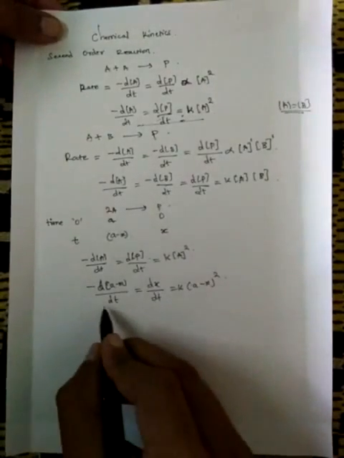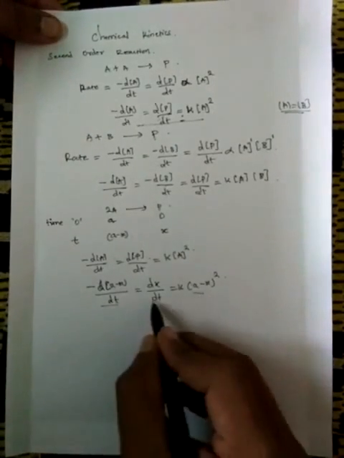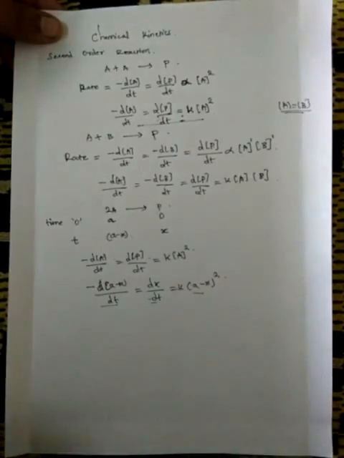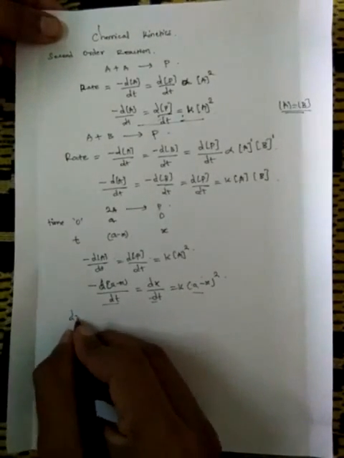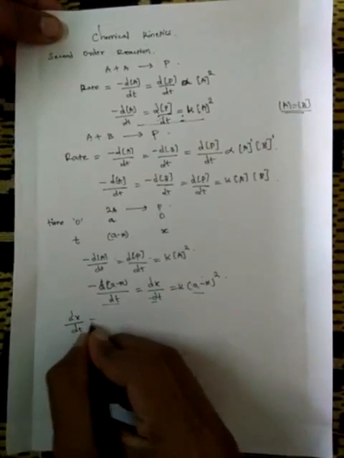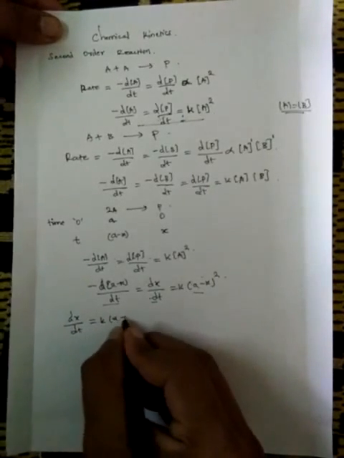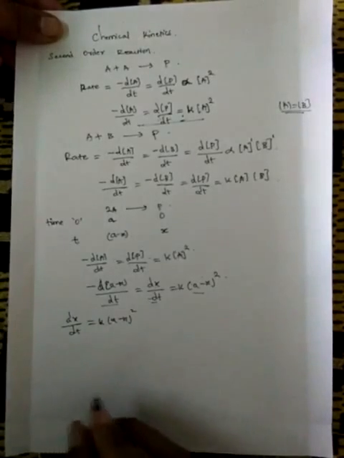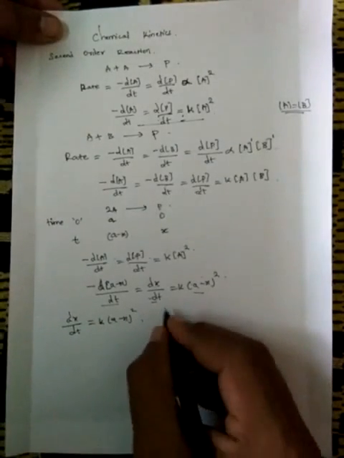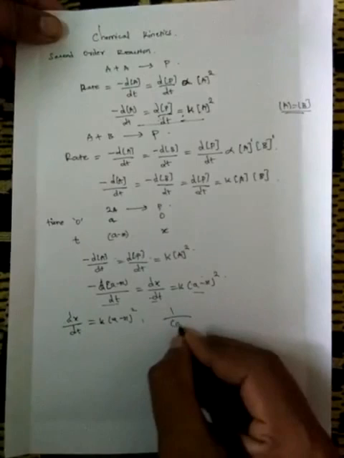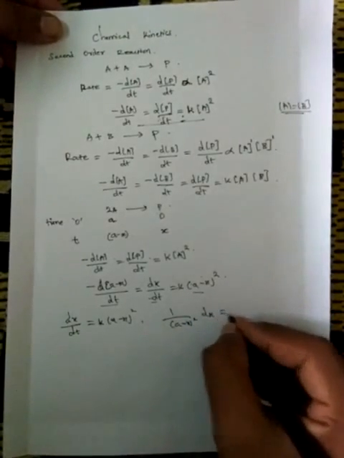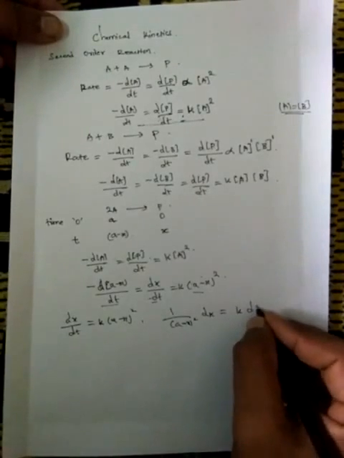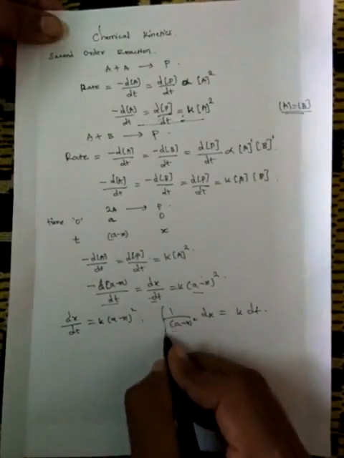So either you can take this two pair or this two pair to integrate. I'll take this pair, dx by dt equal to K (A minus X) square. Rearrange that: 1 by (A minus X) square dx equals K dt. I'm going to integrate.